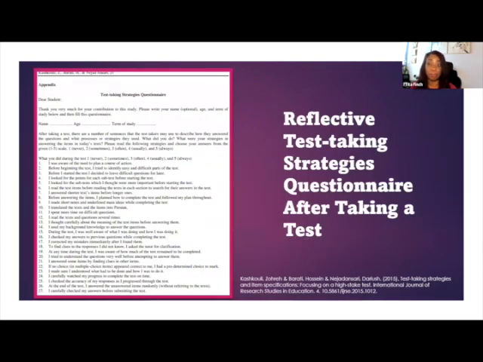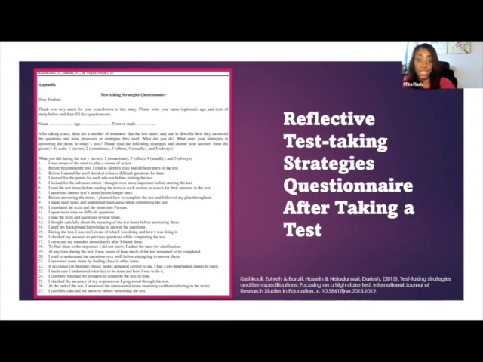This is an example of what you are looking for. This is the reflective test taking strategy questionnaire. Sometimes they have them at the actual test center. So you can use this, and this anchors you in your reflectiveness. If you are not comfortable or used to that type of reflectiveness about your own performance, this helps you through the process, and you can request this.